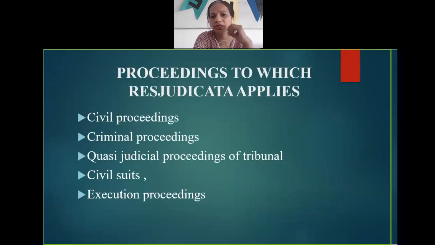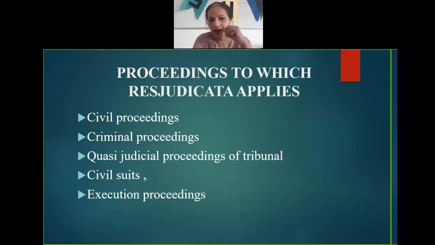Next is the proceedings to which res judicata applies. Now these are the proceedings over which the res judicata principle applies. Firstly, the civil proceedings. Second, the criminal proceedings. Thirdly, the quasi-judicial proceedings of tribunals. Fourthly, the civil suits. Now, why am I saying civil proceedings and civil suits are two different things? For the reason that under civil proceedings, all the proceedings under tribunals, arbitration, and everything are covered under the head of civil proceedings, and a civil suit specifically means a civil suit.